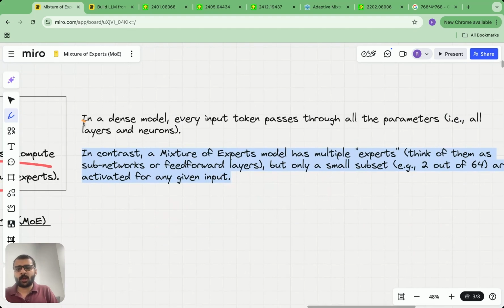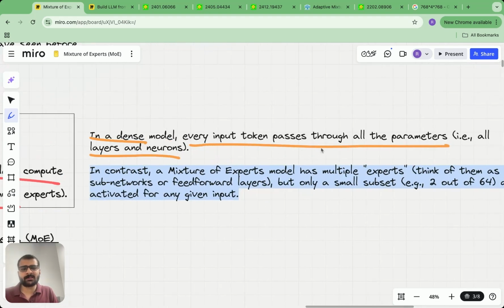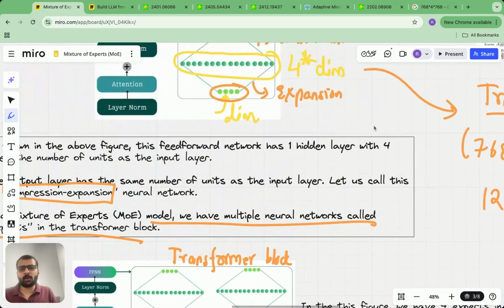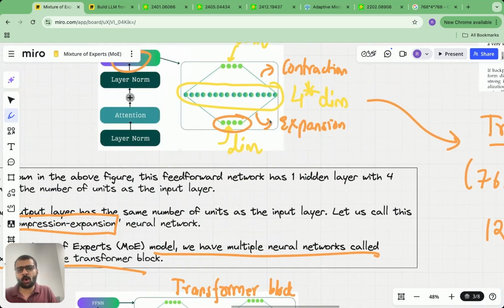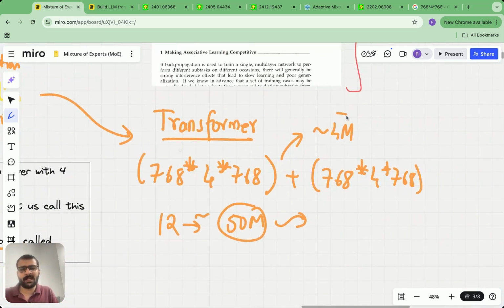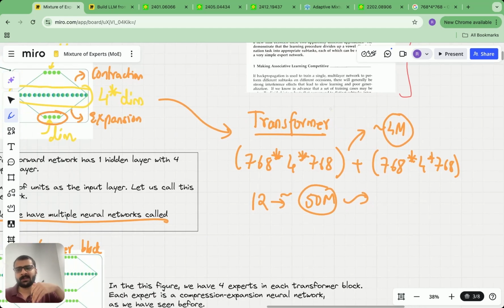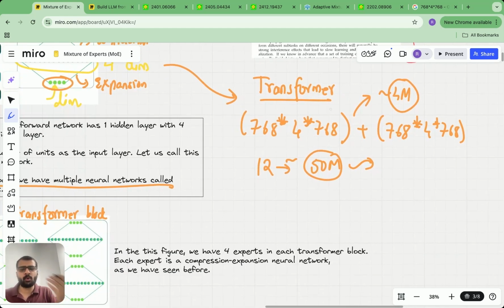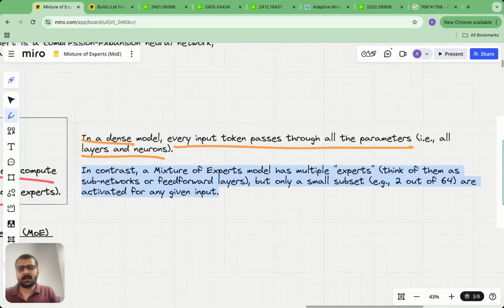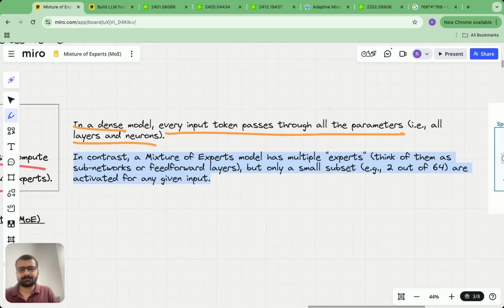In a dense model, every input token passes through all the parameters, that is all layers and neurons. So whichever input token I have here passes through all of these parameters, all 4 million parameters in each transformer block. Every input token passes through all these parameters, so I have to do all those computations. But in a mixture of experts, only a small subset of these are activated for any given input.